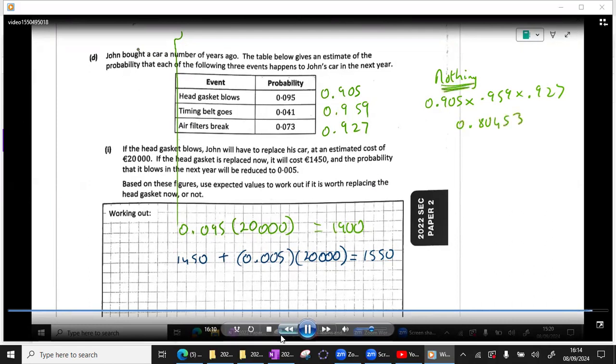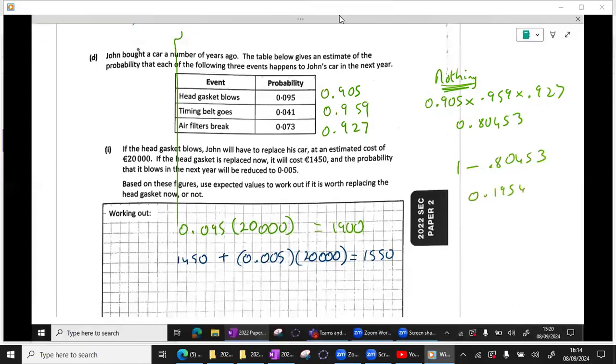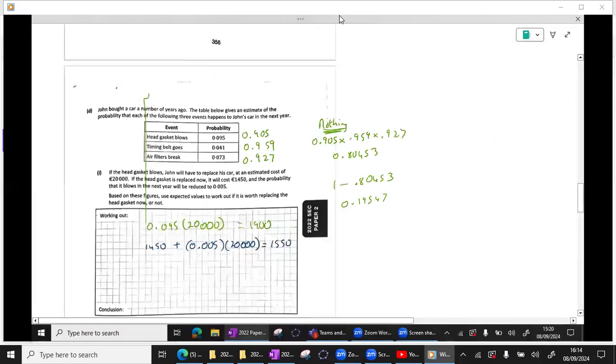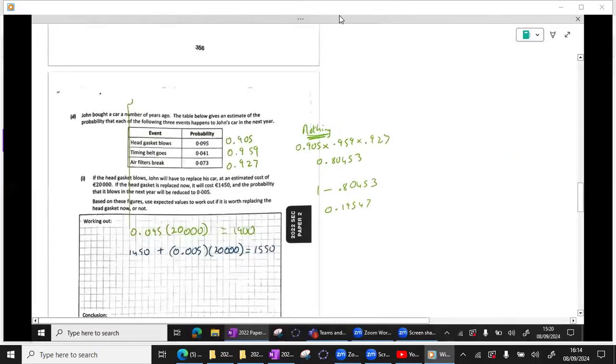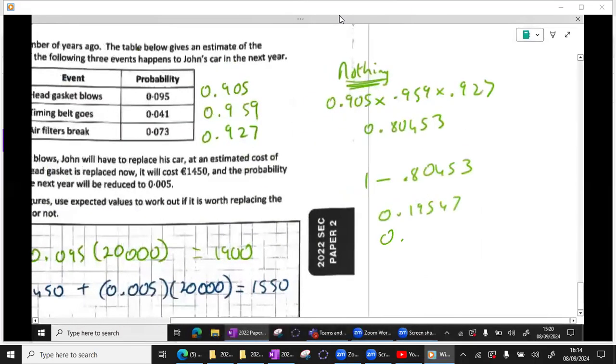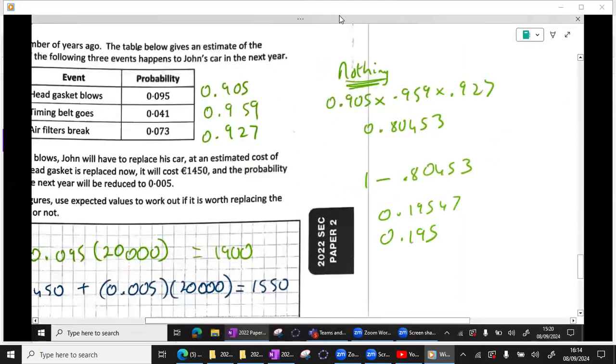So it's the opposite of at least one thing going wrong. So I'm going to now do 1 minus 0.80453. So that comes out to be 0.19547. Does it say correcting to 3 decimal places? So 0.195, and we're done.